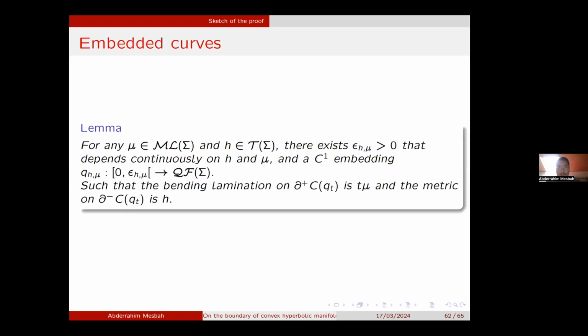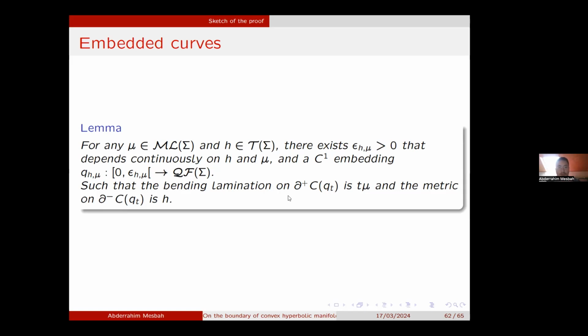This allows us to deduce that for any metric H and any bending lamination mu, we will get some curve of quasi-Fuchsian manifolds, so if you take Q_t, then you will have metric H on the lower boundary and bending lamination t mu on the upper boundary.